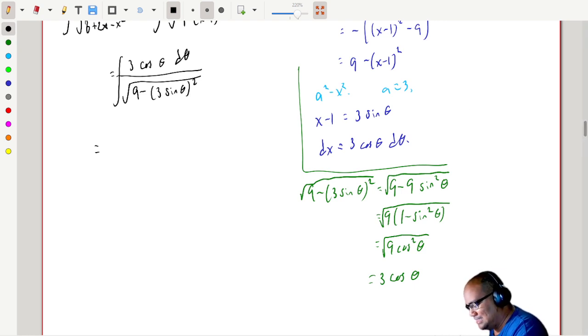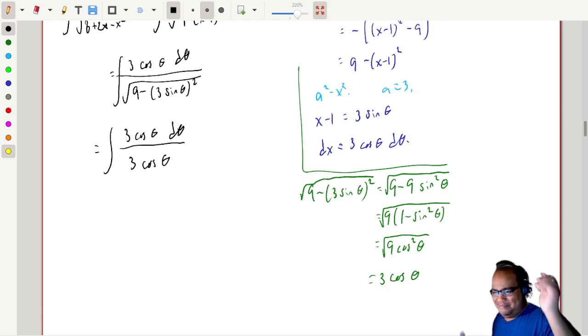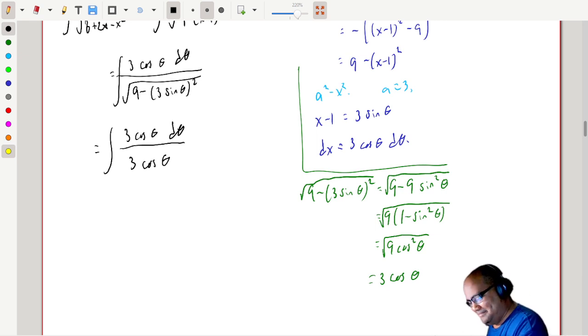The integral of 3 cosine theta d theta over, well, all that stuff in the square root collapses to 3 cosine of theta. That's easy. The entire integrand collapses down to 1.